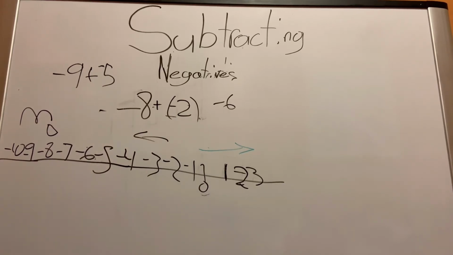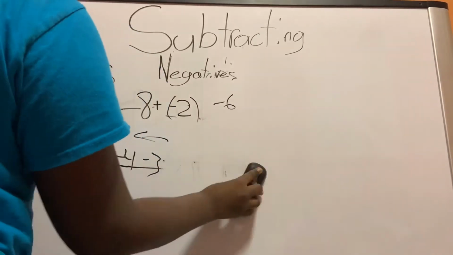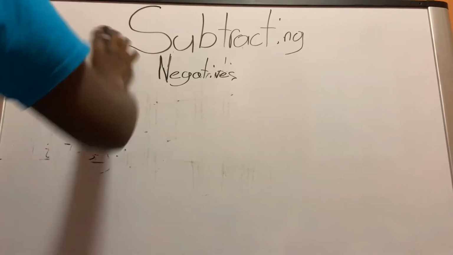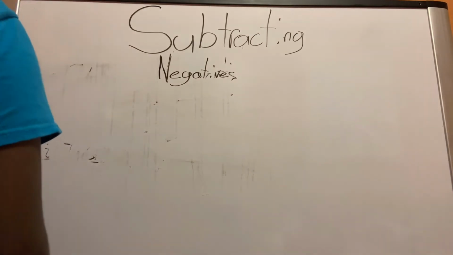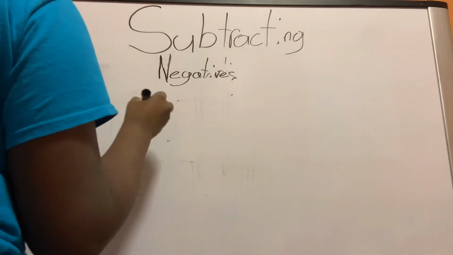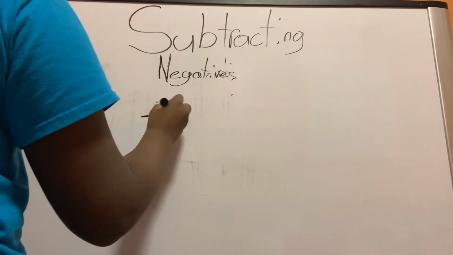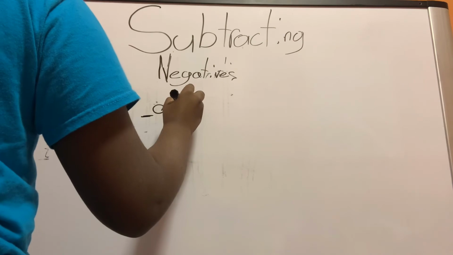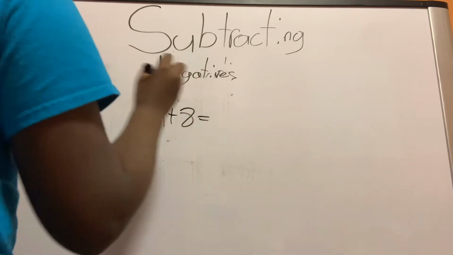So now, if we had negative 9 plus, let's say, 8. Yes, I know it's kind of close.